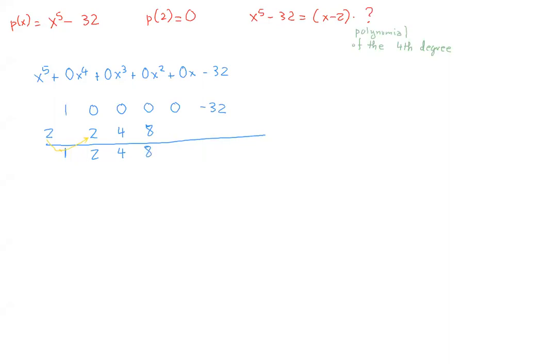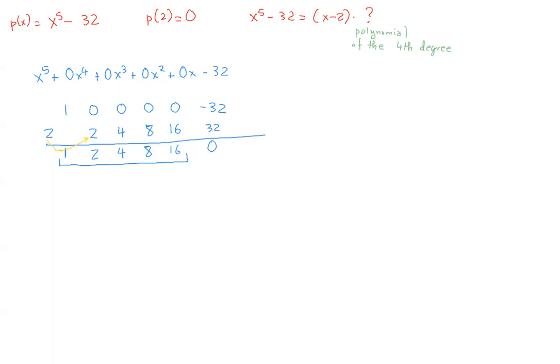And then 2 times 8 is 16. 0 plus 16 is 16. And finally, 2 times 16 is 32. Minus 32 plus 32, that's 0. 0 is our fail-safe, and these are our coefficients.